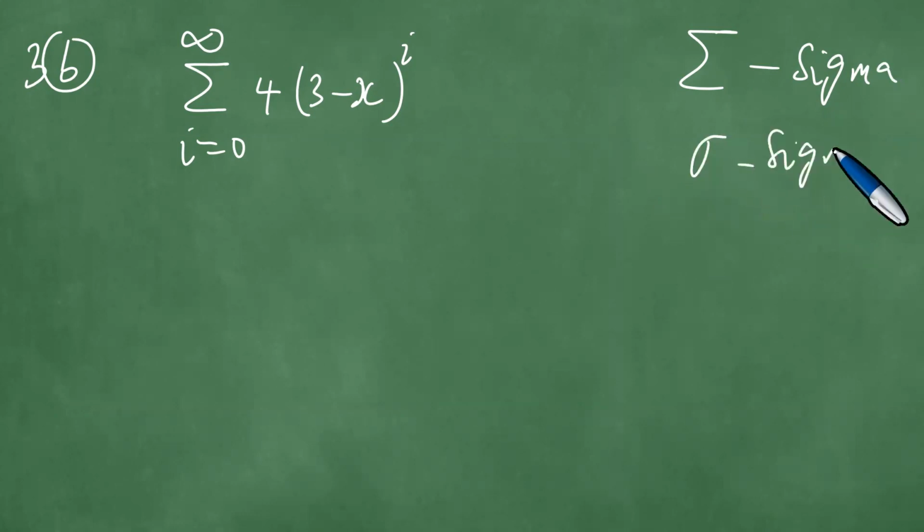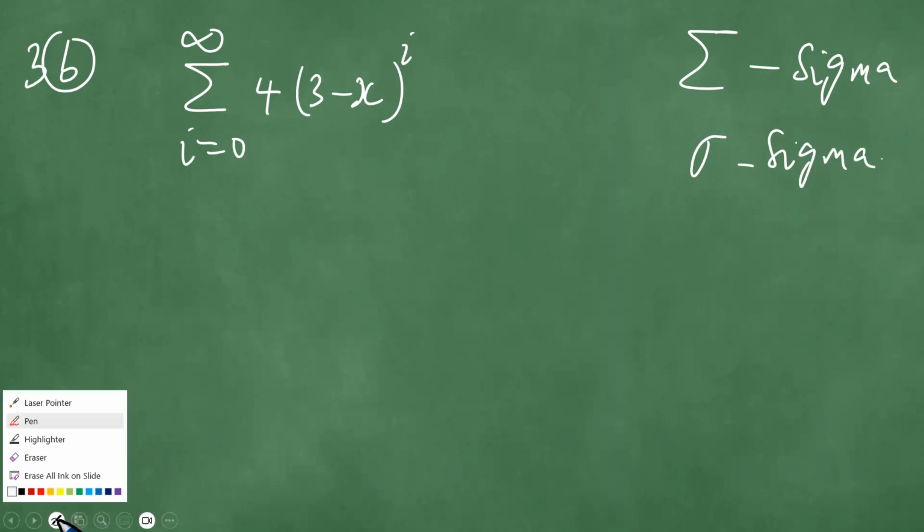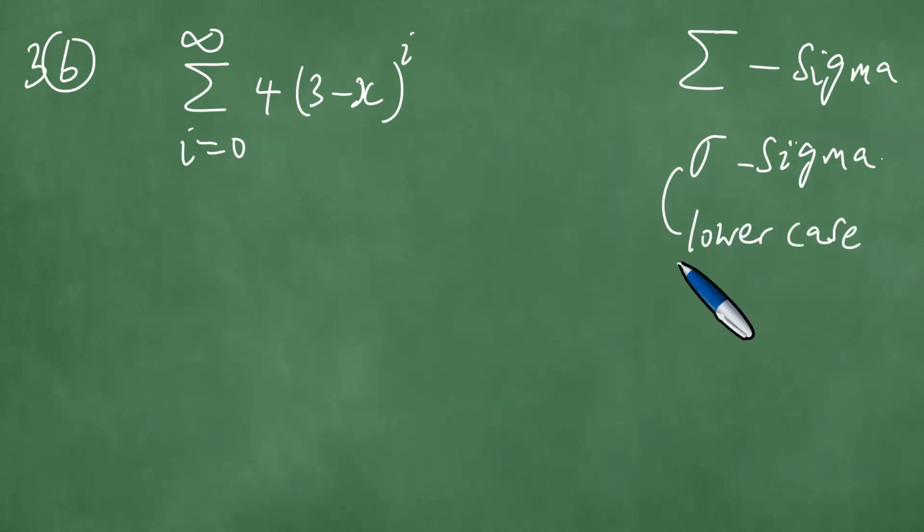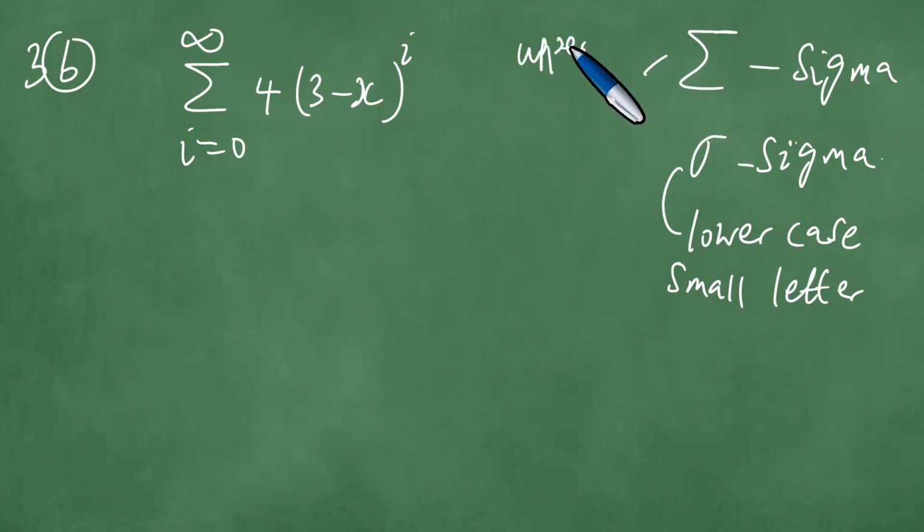This is also sigma, but this other sigma is a small symbol, lowercase, or small letter. But this one is the uppercase. Right, it's called the uppercase.